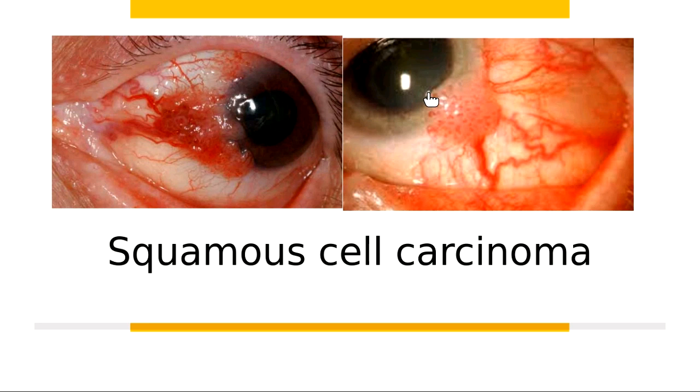All right. And how did we describe these blood vessels? The blood vessels are tortuous. Yes, right.